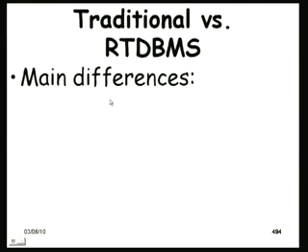Now, having known that the real-time databases are required in many applications, many non-trivial applications need to store data and then process it, let us try to find out how are these real-time databases different from the traditional databases.